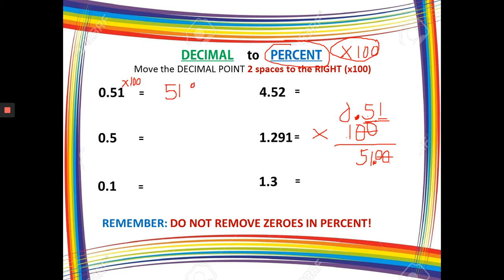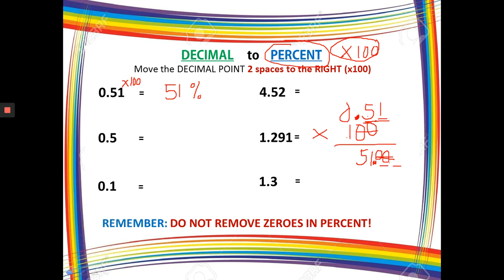Then add percent. You see here there is a decimal point, but since we erased the 0, as I've said, if there are no digits after the decimal point, the decimal point can just hide. It doesn't have to show.